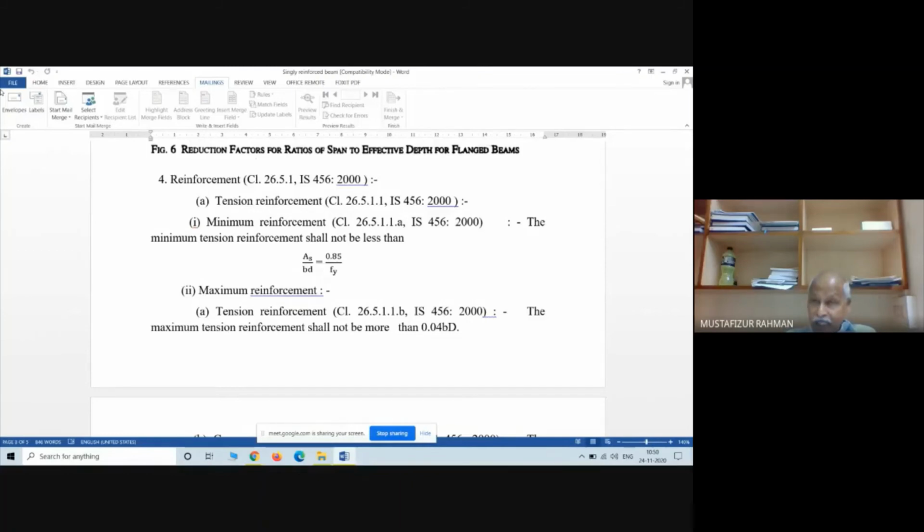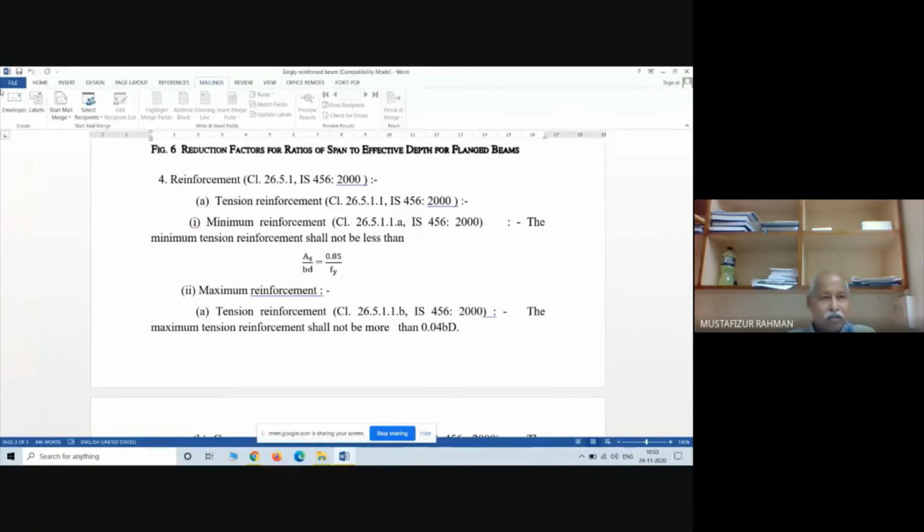The maximum amount of steel that we can provide is 0.04, that means 4% of the gross cross section. The amount of steel to be provided in a beam cannot be more than 4% of the gross cross section. It should be less. Why?